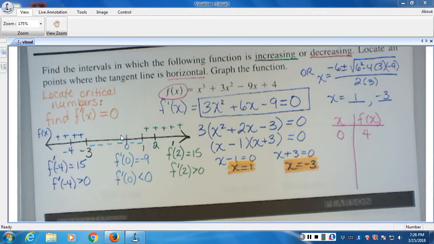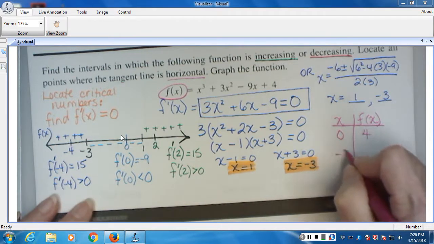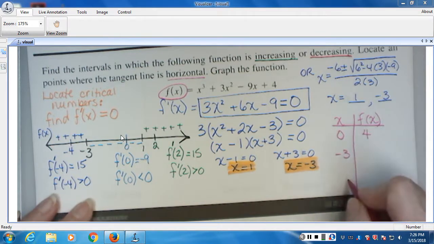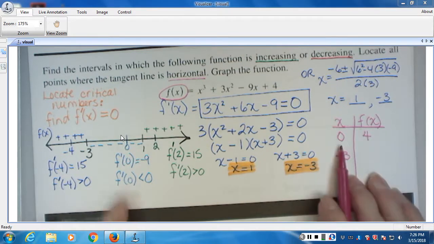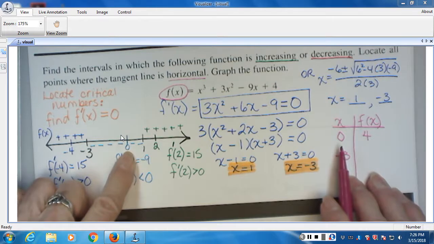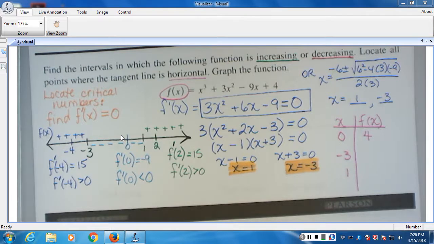The other numbers that I should plug in are the critical numbers, and since I've already used 0 to find my y-intercept, I should also go ahead and use the other 2 test points, because I know what to expect from one to the next.